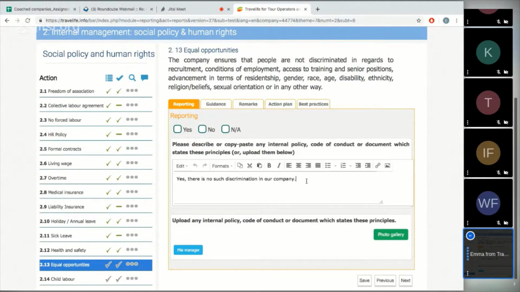So maybe you have this written down in a code of conduct, in the employee handbook, for example. Then it might be good to upload that and describe it over here. But otherwise, you can tick yes and declare that you ensure that discrimination does not take place.